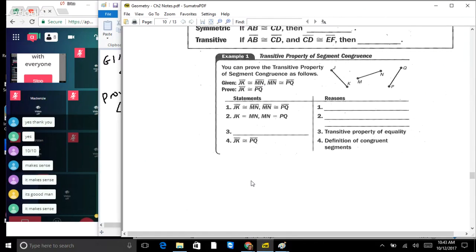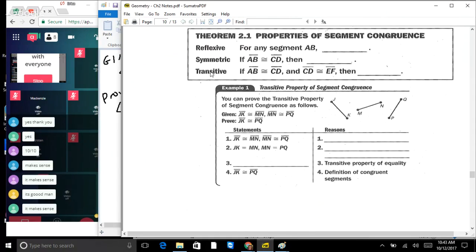We're going to prove another one of our theorems, Theorem 2.1, our transitive property. The transitive property says if AB is congruent to CD and CD is congruent to EF, then AB is congruent to EF.